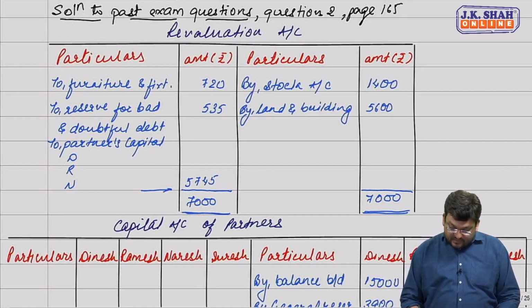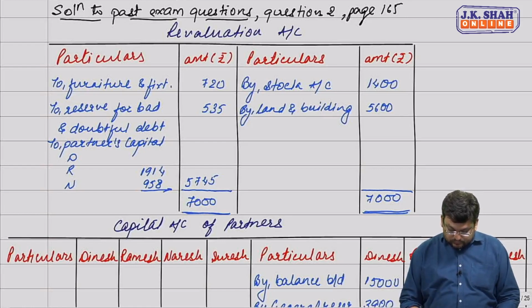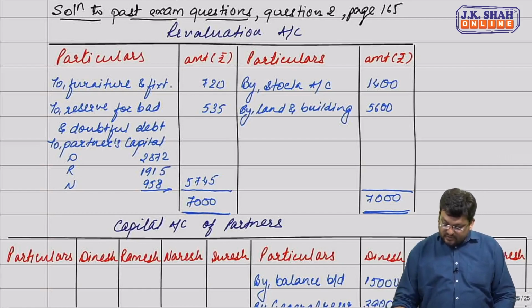So it will be 958 for Naresh, 1,915 for Ramesh, and 2,872 for Dinesh.